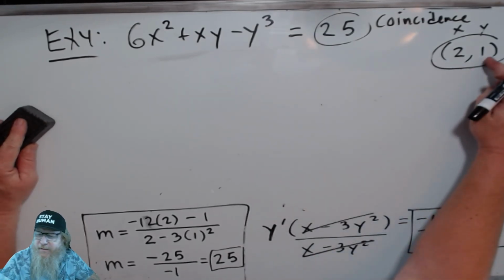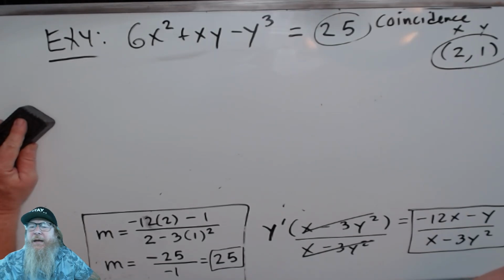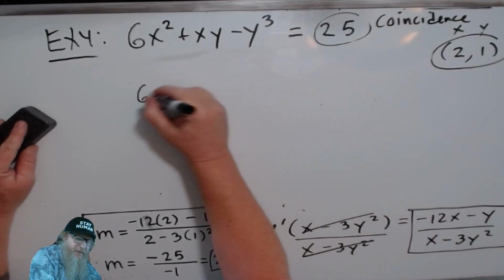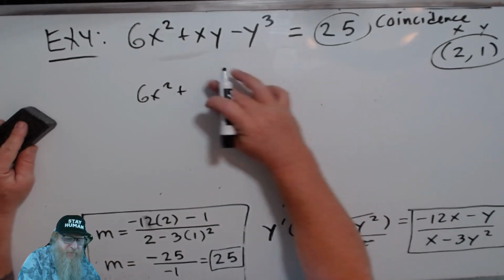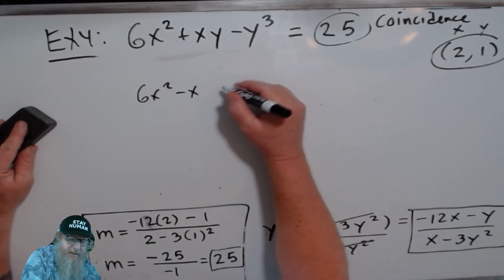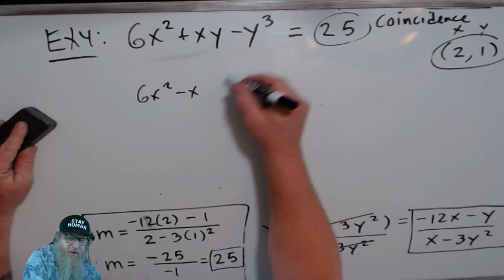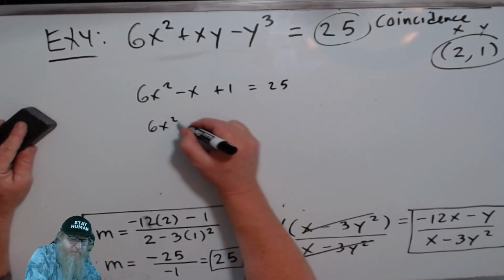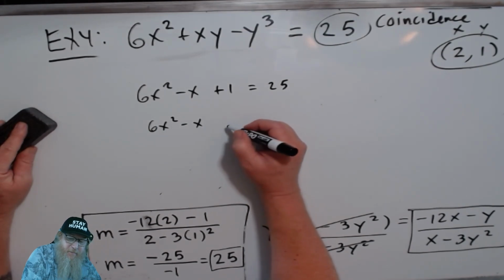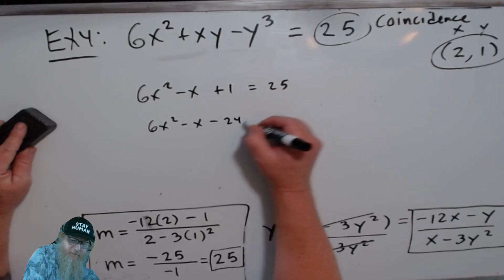Let's try -1 instead of +1. Let's just try another point just to illustrate the coincidence. Let's try -1 for y. So that would make that -1. That would make that +1. Oh man, I'm opening up a can of worms here I probably can't shut. Let's see, 24.